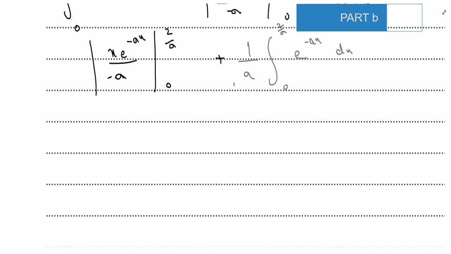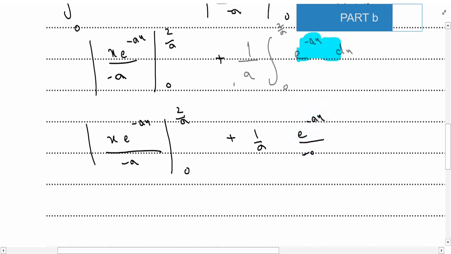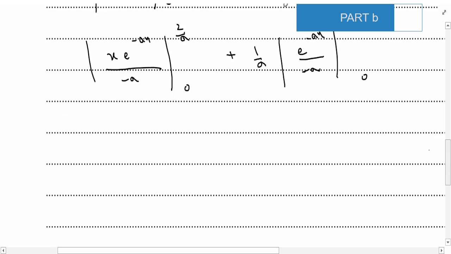So let us integrate e to the power of minus ax, and then we will put in all the limits. It becomes x e to the power of minus ax over minus a, limits from 0 to 2 by a, plus 1 over a times the integral of e to the power of minus ax, which is e to the power of minus ax divided by minus a, limits from 0 to 2 by a. So let us put in the values.